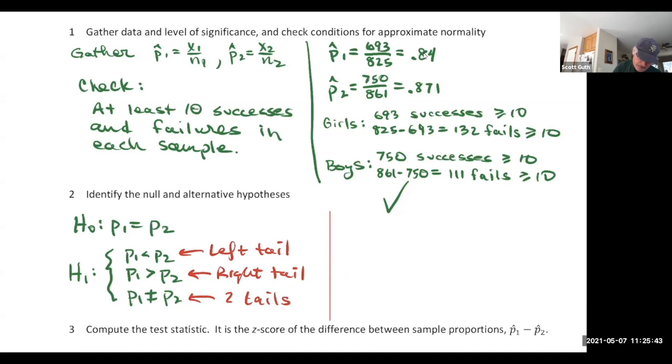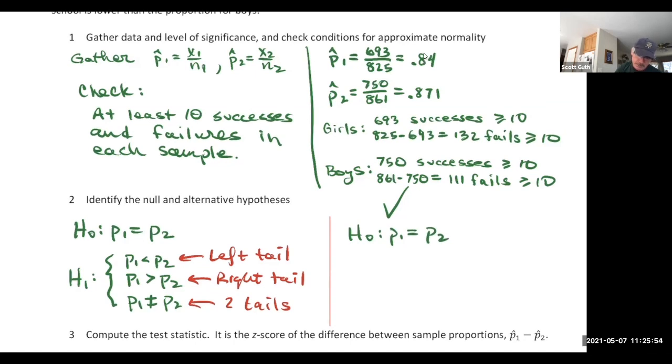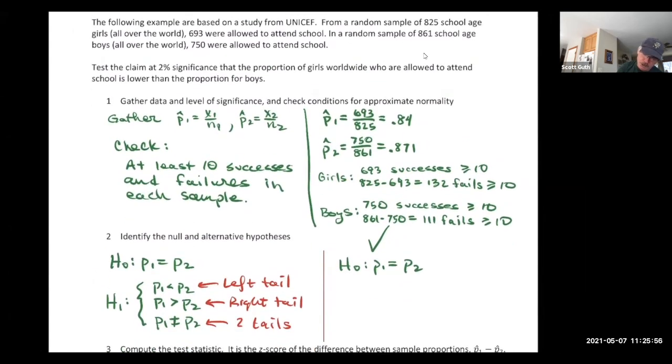That null hypothesis is always this. It doesn't have to be, but that's just how we did it. So null hypothesis, we just say p1 is equal to p2. Now, I think the claim was that it's a lower proportion of girls who are allowed to attend school. The proportion of girls allowed to go to school is lower than the proportion for boys.